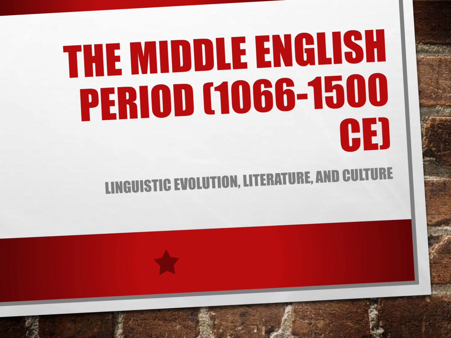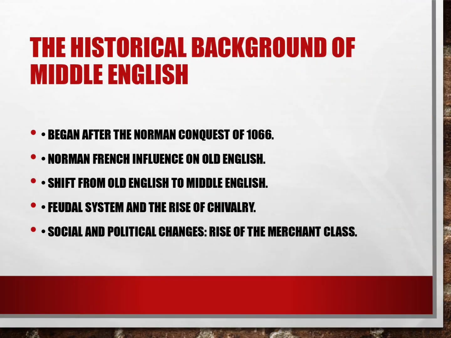The period is defined by some significant linguistic, political, social, and cultural changes. It happened largely due to the Norman conquest of 1066, which had a profound impact on English vocabulary, grammar, and literature. So now we'll be discussing the historical background of Middle English.